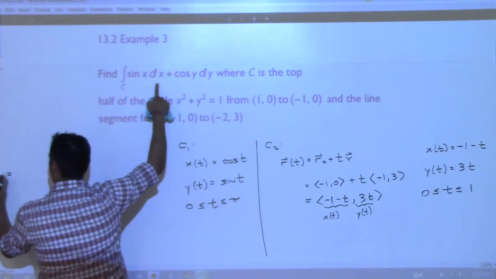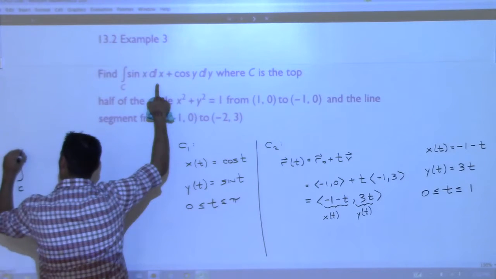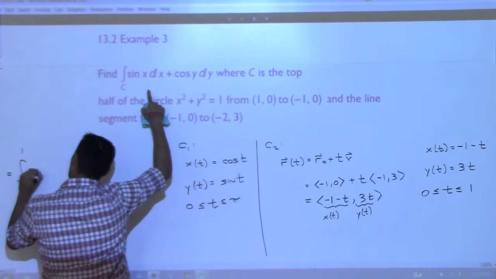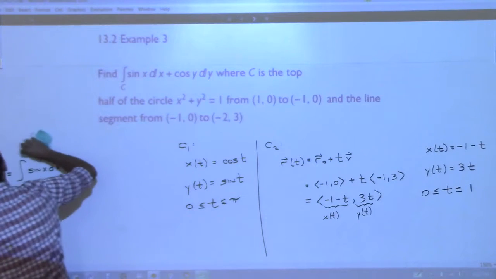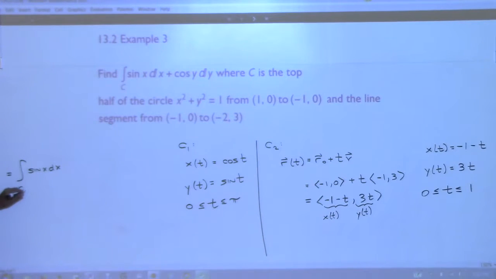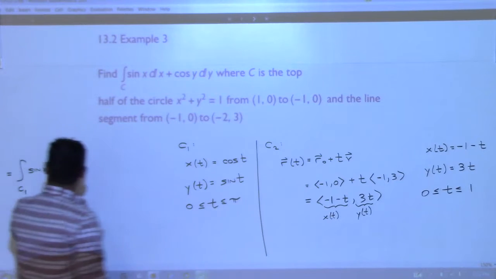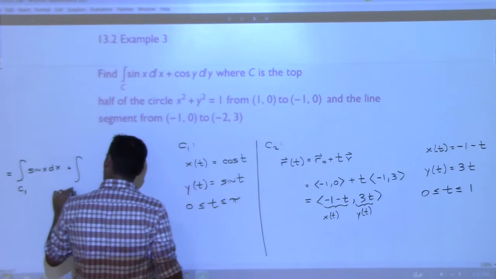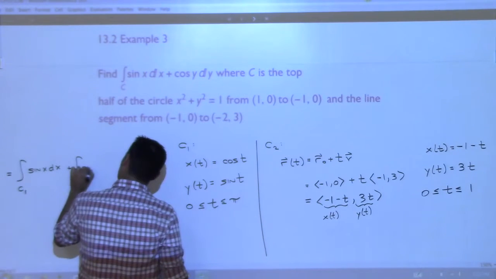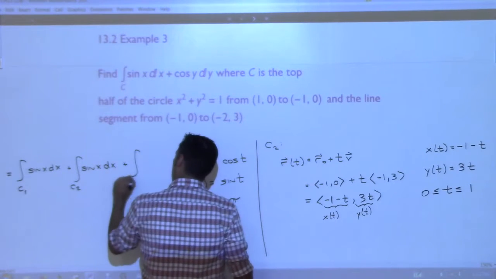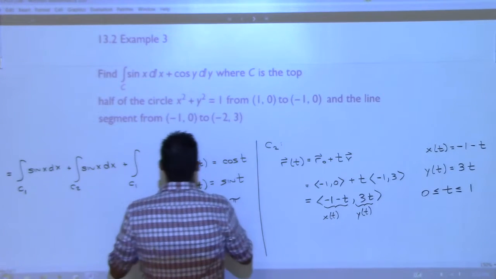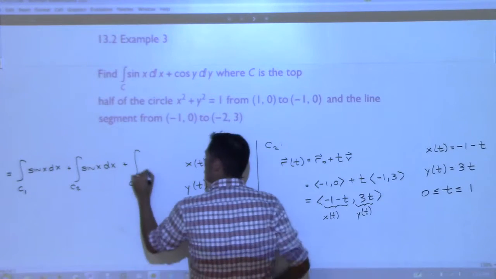This is going to become line integral over C1 of sine x dx. Why did I do that? I put C1 up there. I don't know, C1 there. Plus line integral over C2 of sine x dx. And then plus the line integral over C1 of cosine y dy.